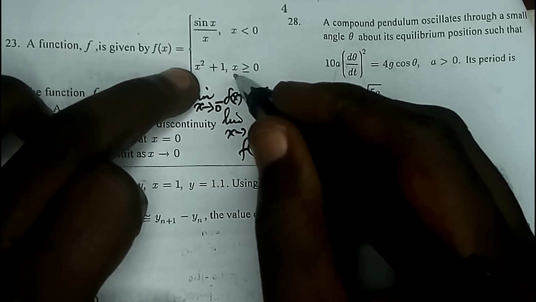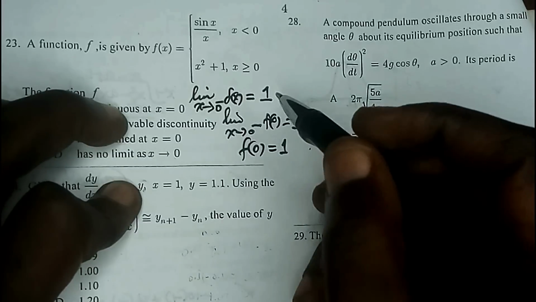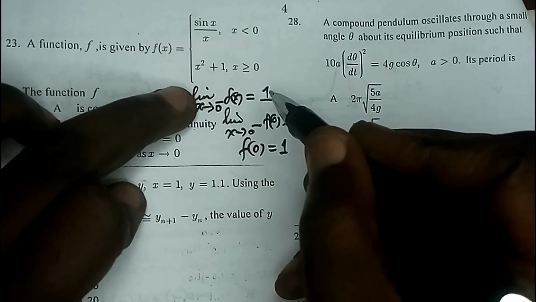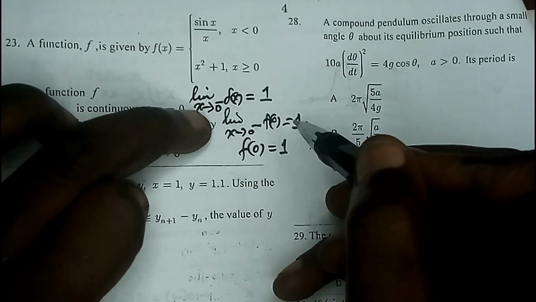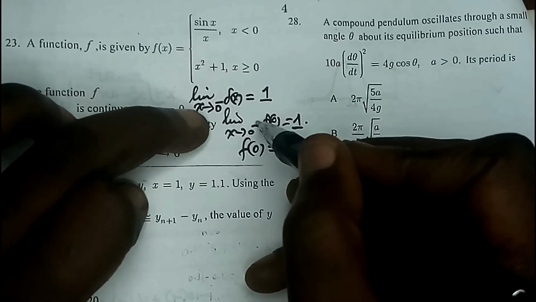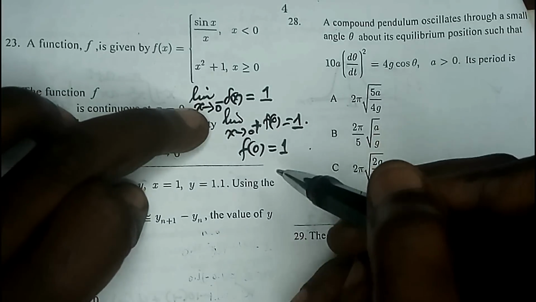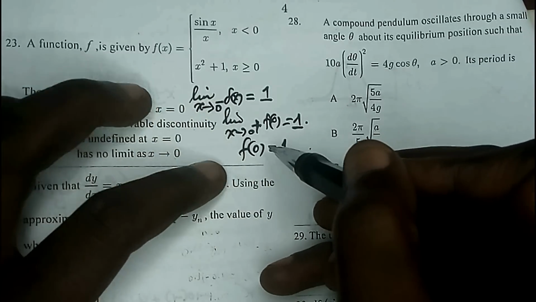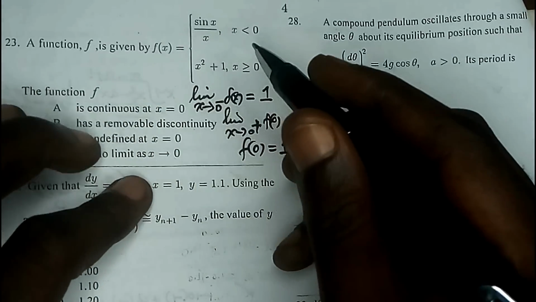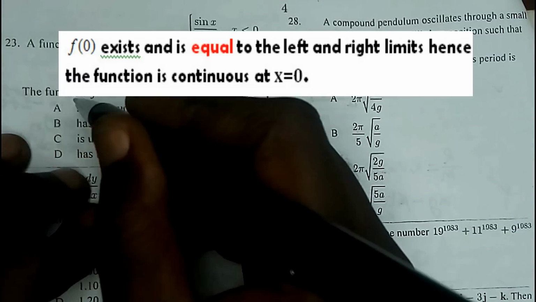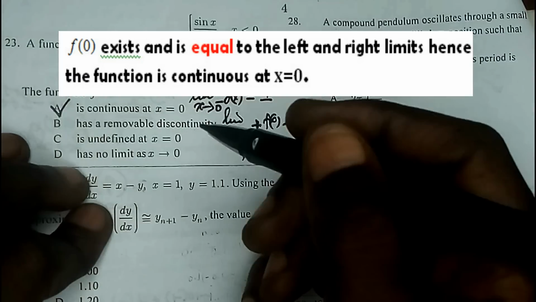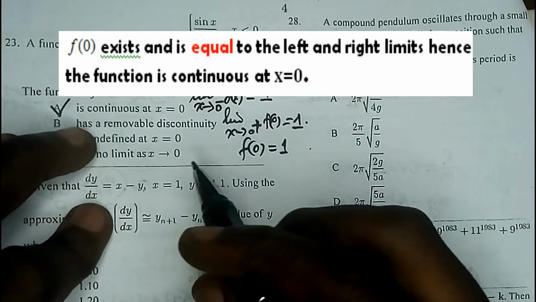So f of 0 exists, which is 1. So you can see that the limit to the left of 0 is 1. The limit to the right of 0, so this is plus here, is 1, and f of 0 exists. So this function is continuous. So option A is correct.